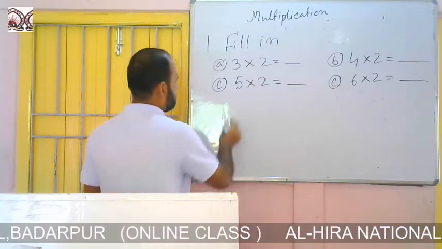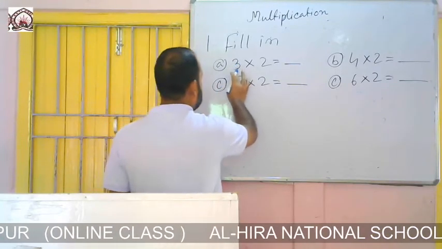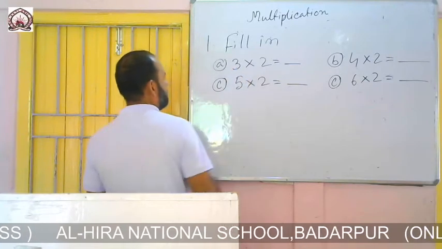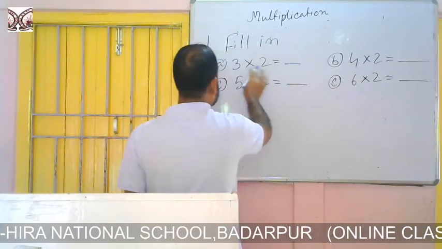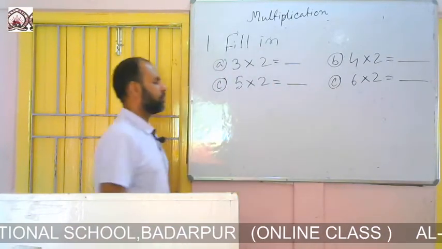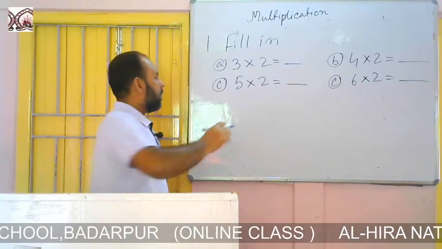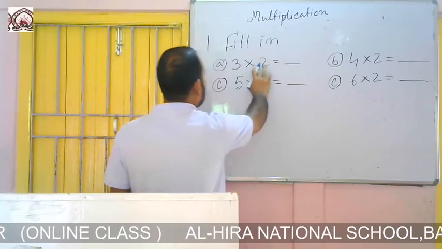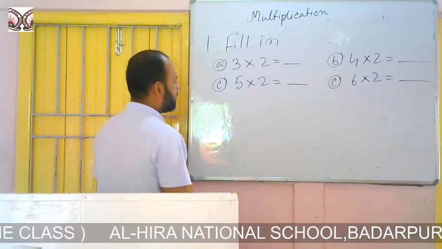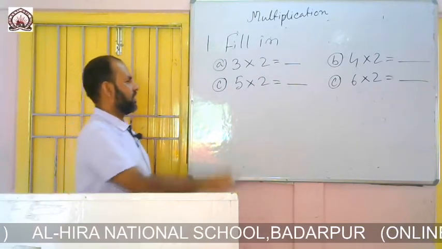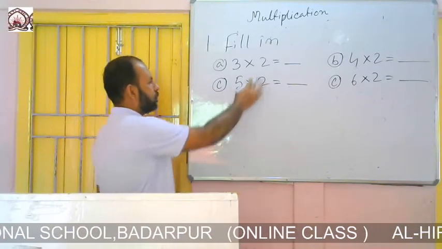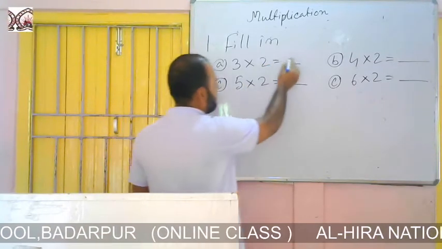So first see here, 3 times 2. So we count table number 2 or 3. If we count 3, then 3 1s are 3, 3 2s are 6.